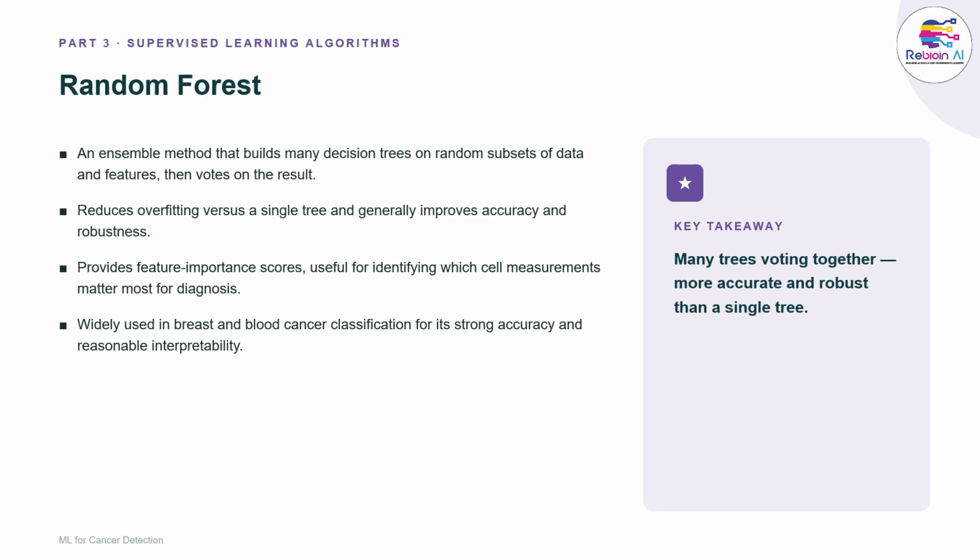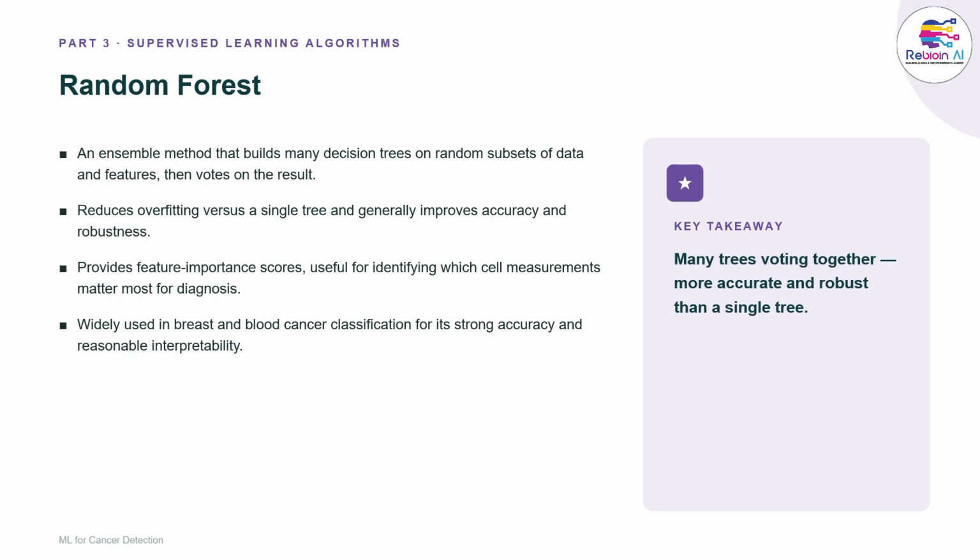Each tree casts a vote for malignant or benign, and the majority becomes the final prediction. Because each tree sees slightly different data, their individual mistakes tend to cancel out when averaged, making random forest far more robust and accurate than any single tree.